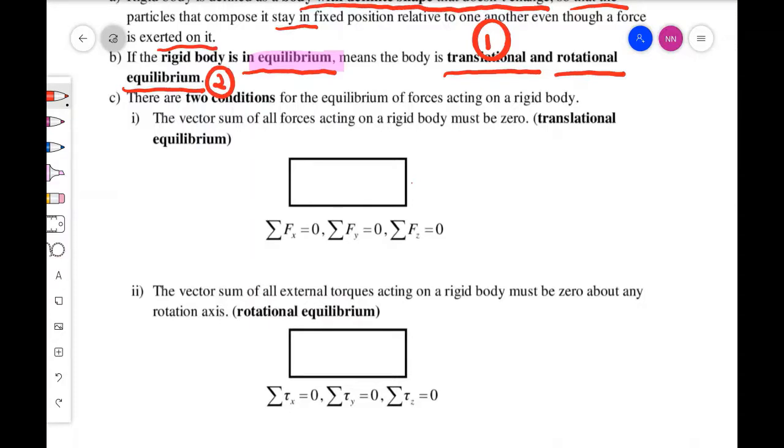Okay, apa tu translational equilibrium? Translational equilibrium means that vector sum of all forces equals 0. Okay, net force equals 0. So, semua component force equals 0. So, net force at X component equals 0, net force at Y component 0, and net force at Z component equals 0.